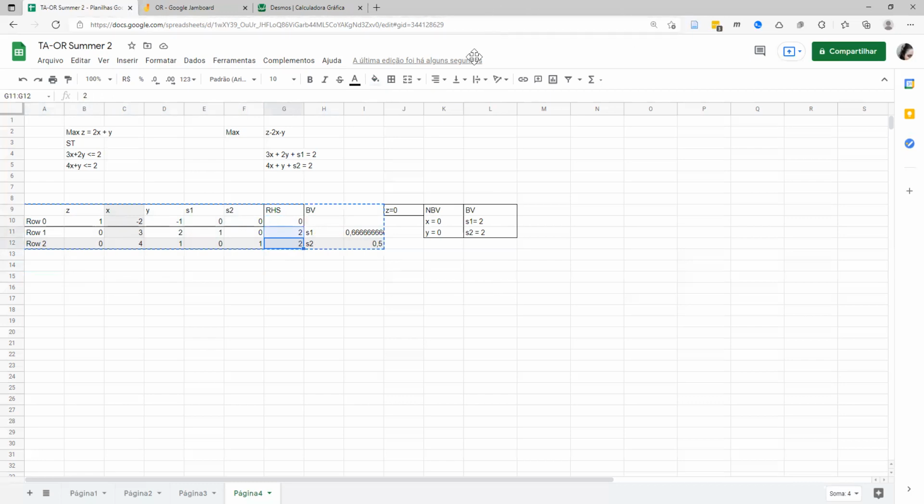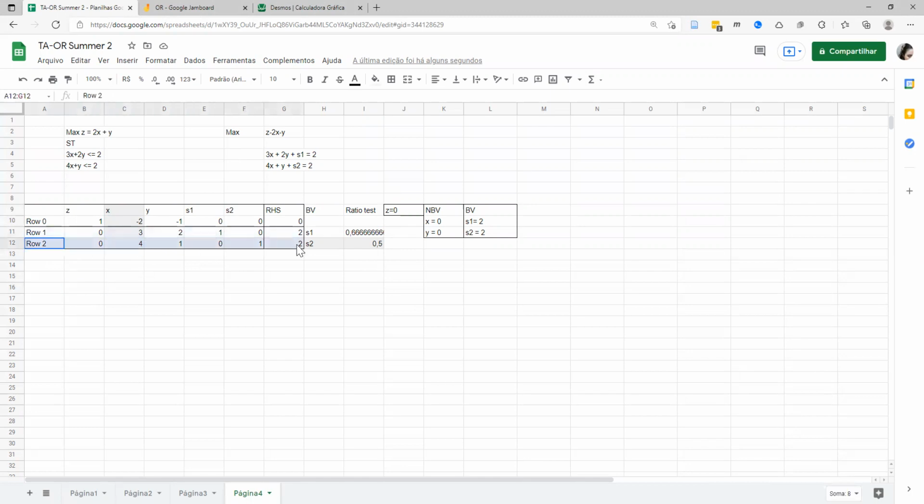And now what we have to do is make the elementary row operations in order to bring x into the base and take S2 out of the base. For us to do this, we have to bring the value in the pivot number to 1 and the other two to 0.